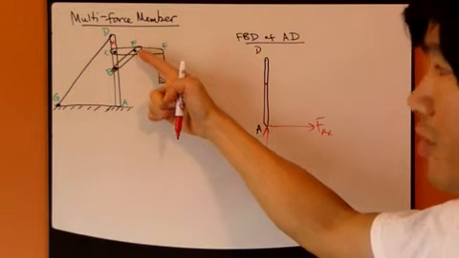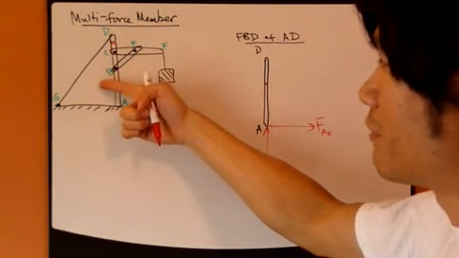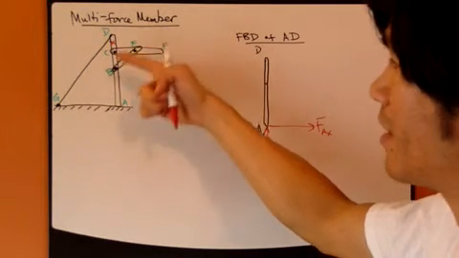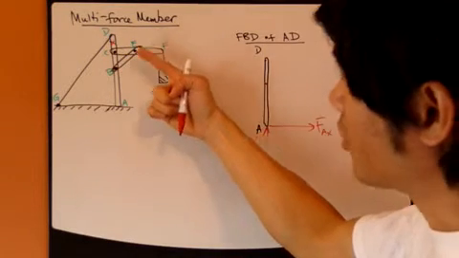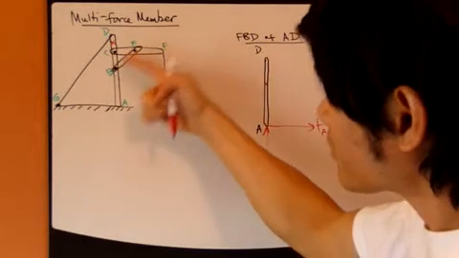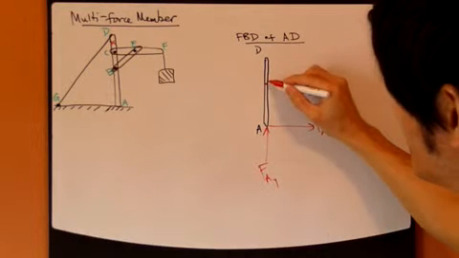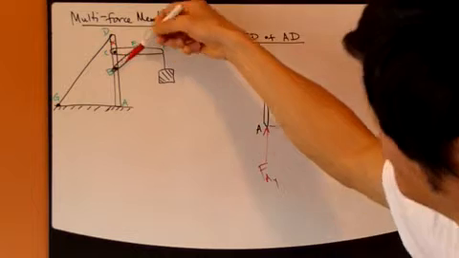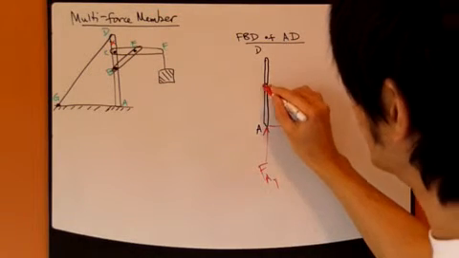Being a two-force member means there has to be a force coming out of each end of this BE member, and they have to be directed along the BE direction. Which means that the reaction force from this BE member on this AD member at point B is exactly oriented along this BE direction. So I'm going to draw it this way.